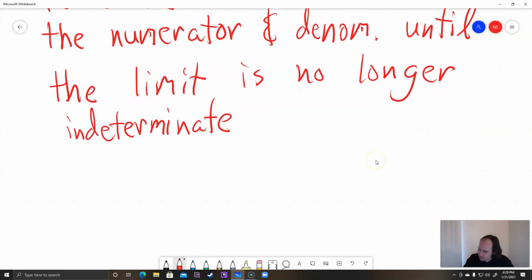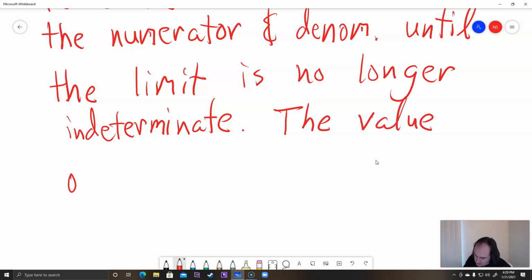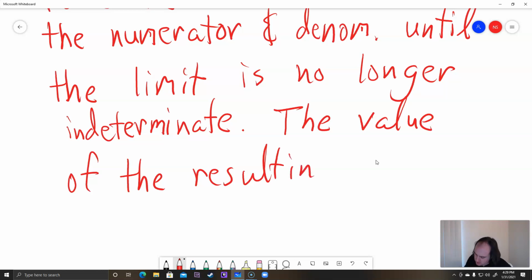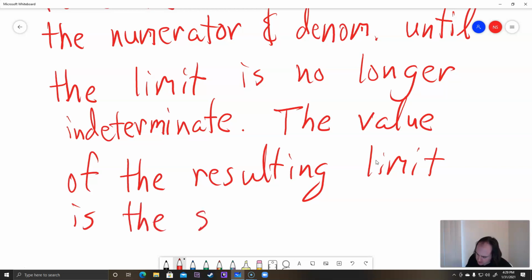Okay, so the value of the resulting limit is the same as the value of the original limit.